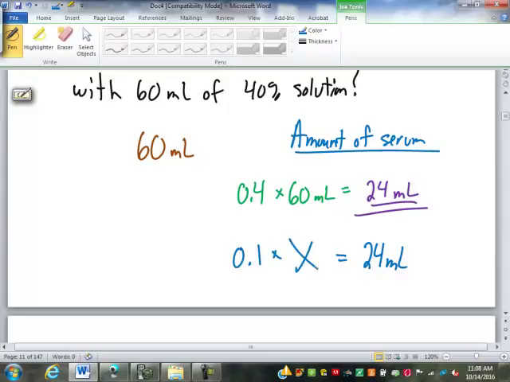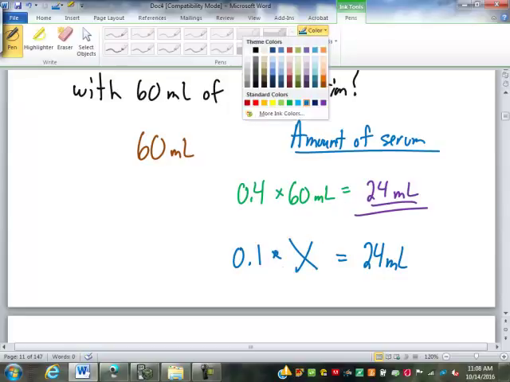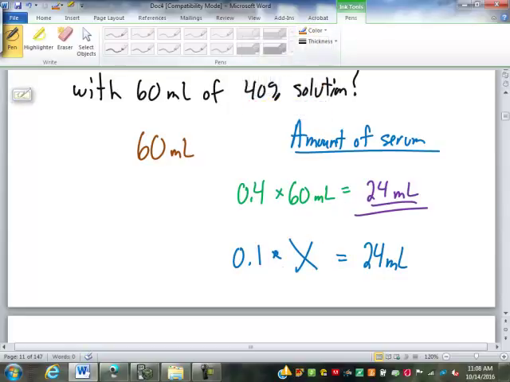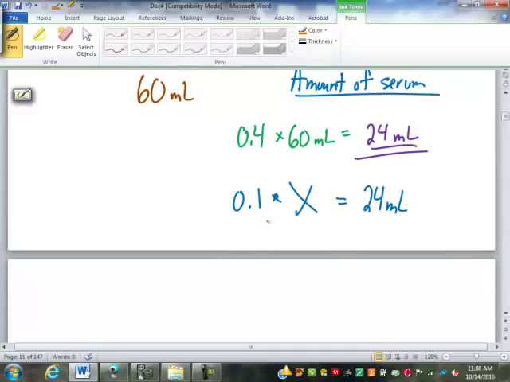We need to know this number here, big X. That's the amount of 10% solution that I'm going to have. So, to solve for X, I'm going to divide by 0.1. X equals 240 milliliters.